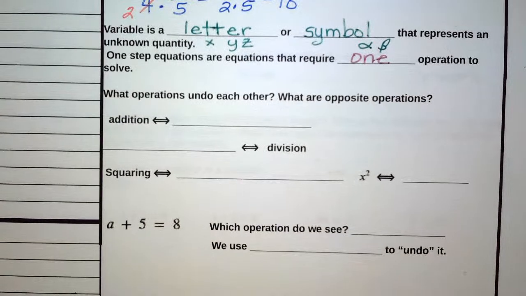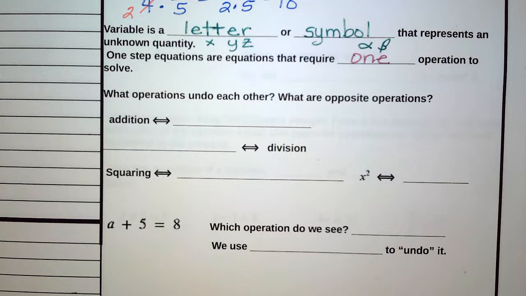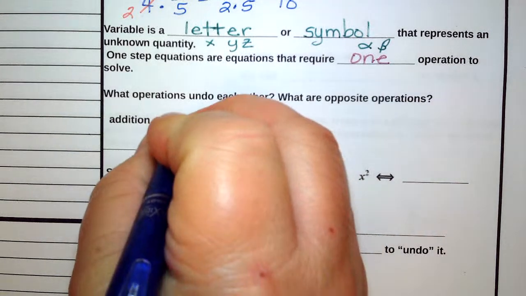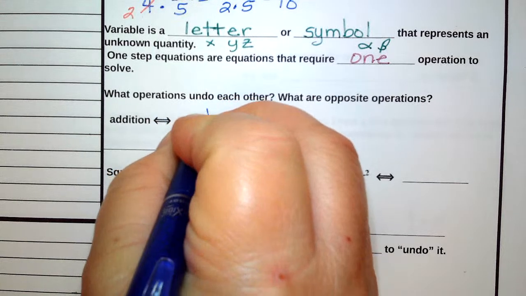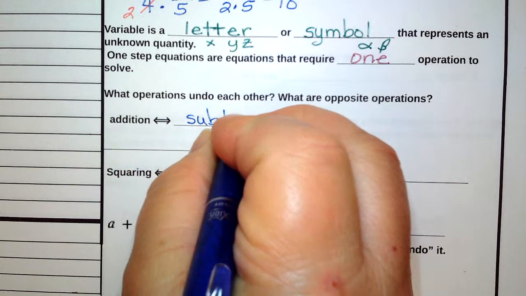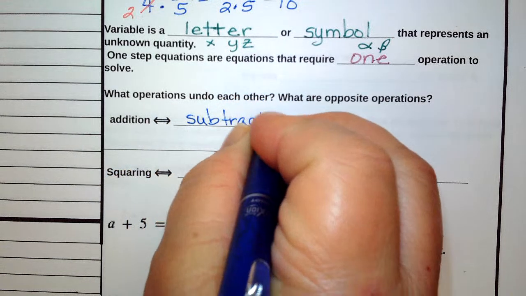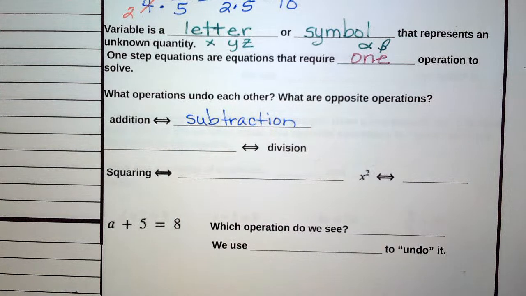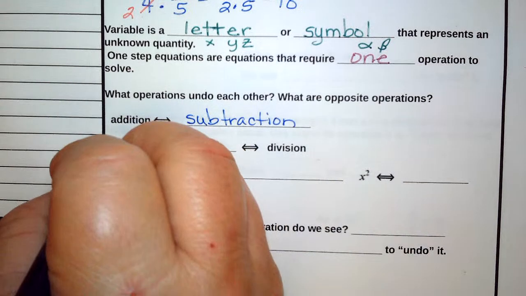So, if I've added, how would I undo adding? What is the opposite operation? That would be subtraction. What about division? What undoes division? Multiplication.